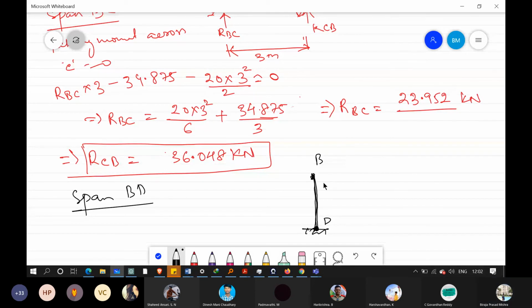Harshvardhan, which moments do we need to consider? MBD, sir. MBD. Okay, so how much is MBD? Sorry, this is in this direction. Minus 16.7. MBD is minus 16.7, sir.